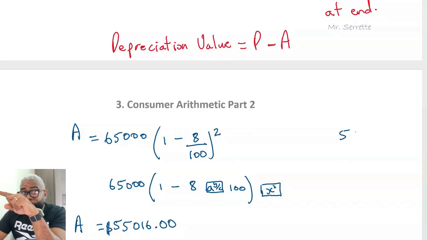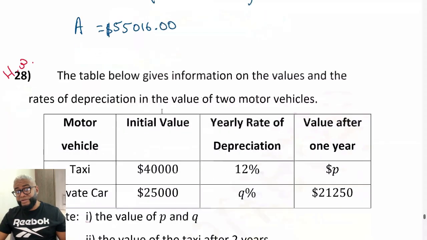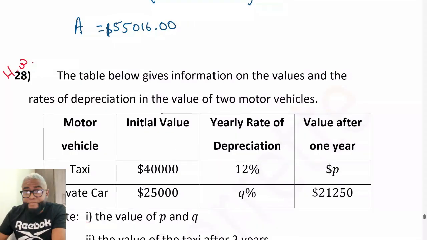And you get a new value to roll into the next year. Yeah, so that can tie you up a little bit. So maybe just learn off the formula. Sometimes the question asks for the depreciation value. If I want to find how much the vehicle went down by, what would I minus? Well, 65,000 minus this, right? But the question did not ask that, so we're not going to look for it.